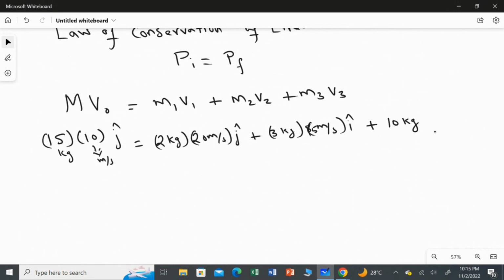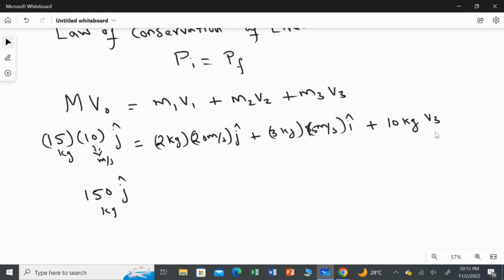So 10 kilogram multiplied by V3, because we don't know the value of this V3, we are going to find that answer. So now better we multiply these. 15 multiplied by 10 is 150 j cap. Clear?